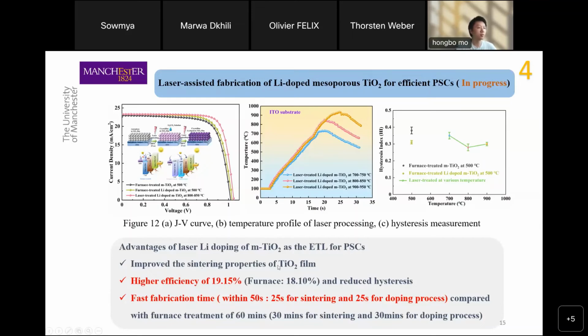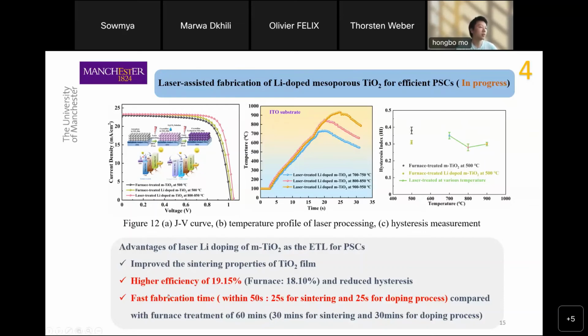The sintering property of the mesoporous titanium dioxide film is improved, and a high efficiency of 19% is achieved based on the CsFAPbI3, compared with the furnace of 18%. Also, the hysteresis is reduced compared with the furnace treated lithium doped titanium dioxide.